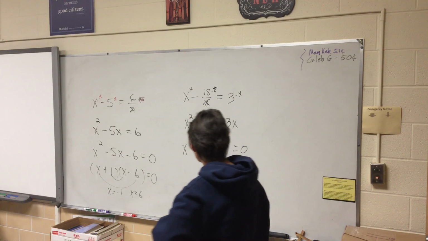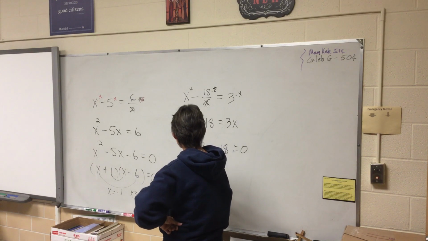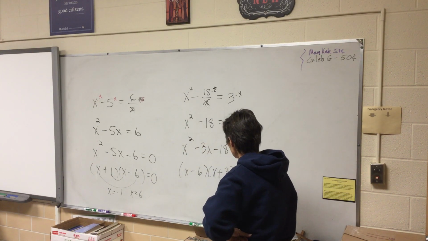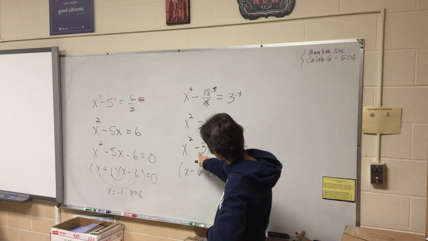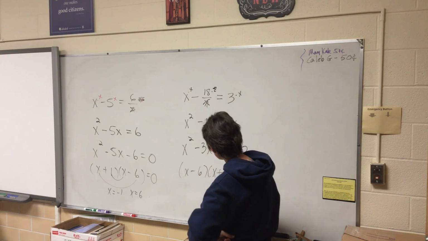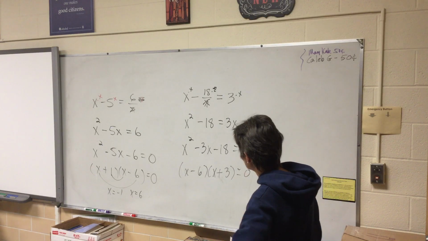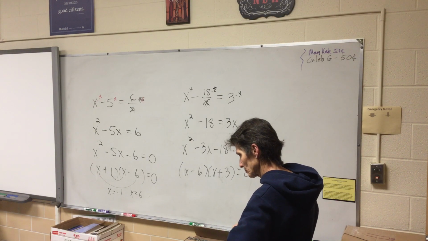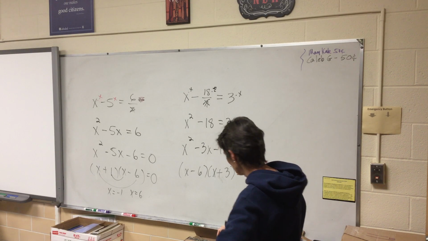So 6 and 3 is your factors, right? All right. So X minus 6, X plus 3. Because I wanna end up with a -3 there. So what are my answers? 6 and -3.